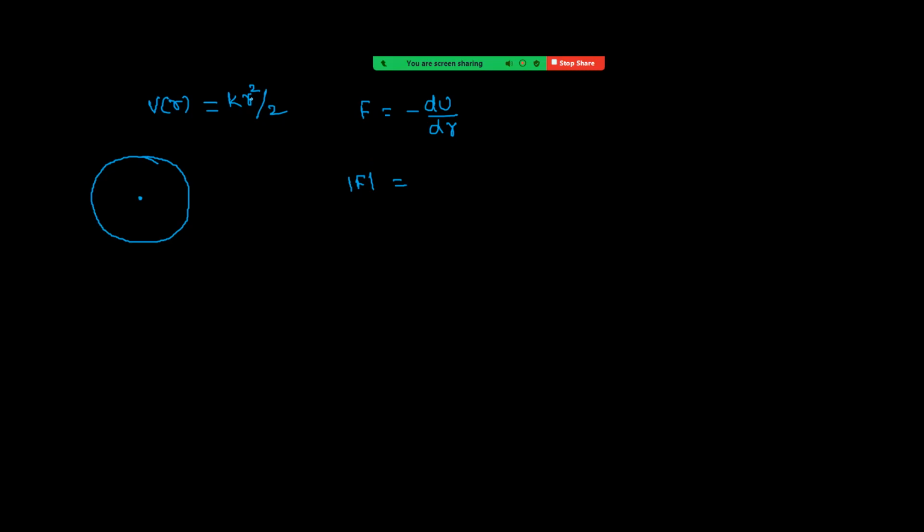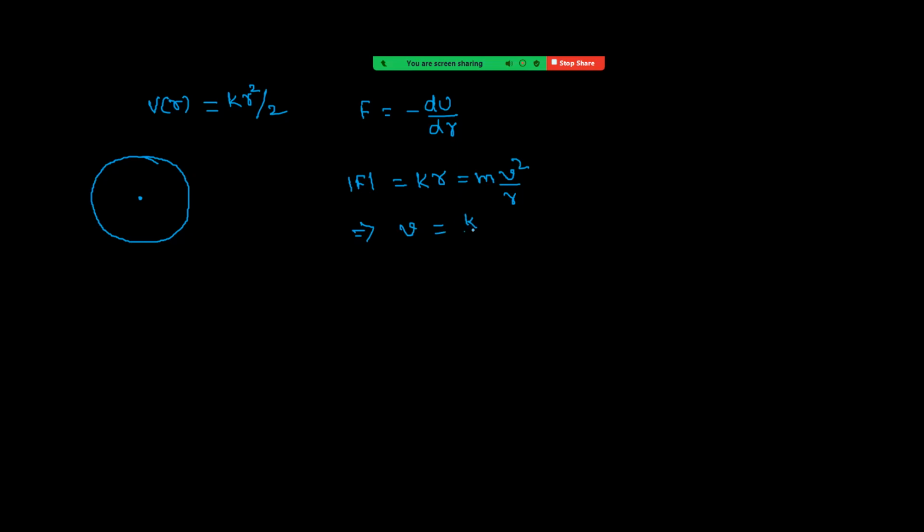Derivative of r square is 2r, 2 gets cancelled, it is now kr, okay, modulus value. This is now centripetal force, which is equal to mass into centripetal acceleration, that is v squared by r. Okay. Now from this, we can say v.